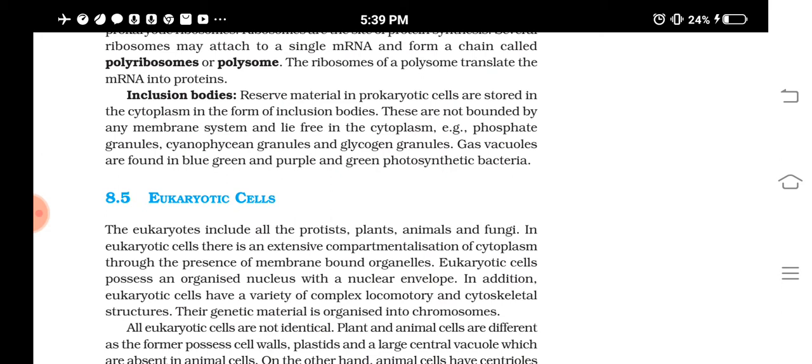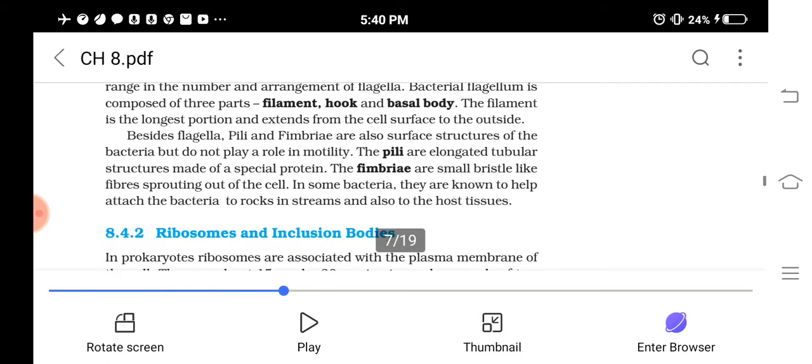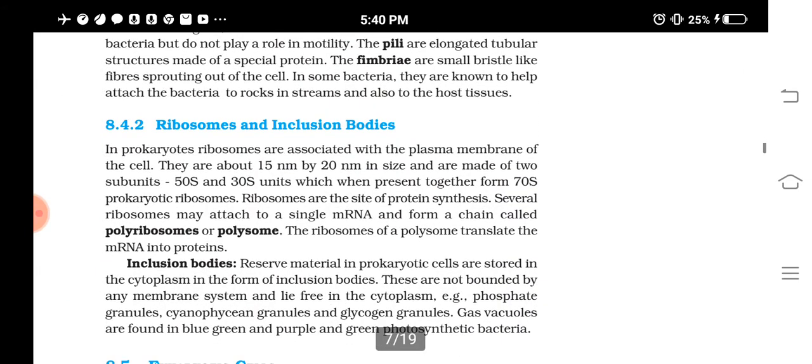In the cytoplasm, ribosomes are there, and these ribosomes are of 80S. Sorry, the ribosomes of prokaryotes are 70S, not 80S. In eukaryotes you can see 80S. Is it clear? In addition to that, there are cell inclusions.